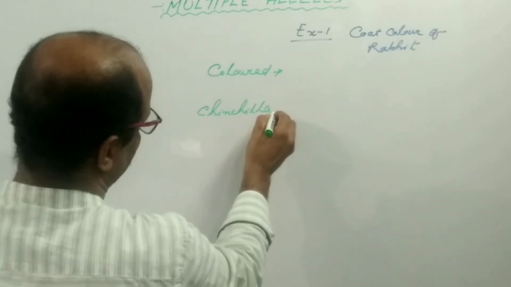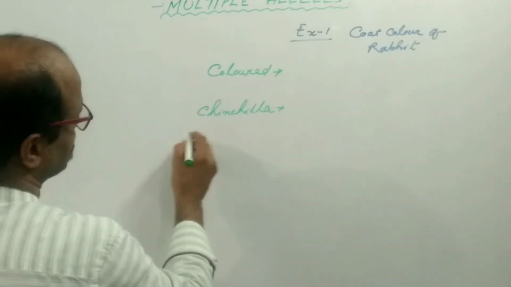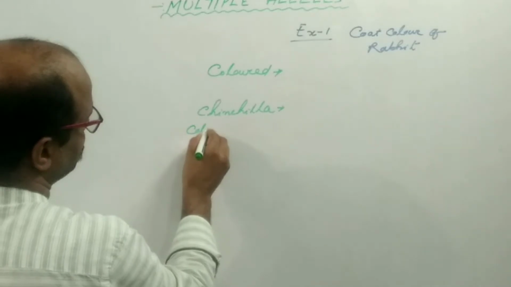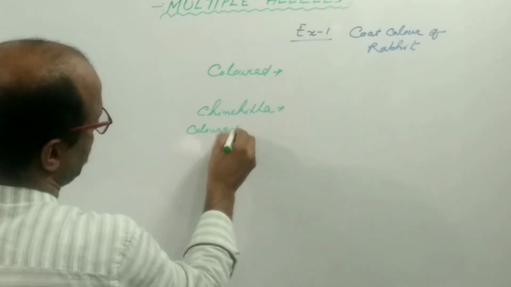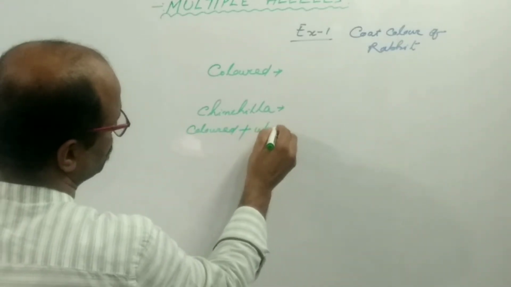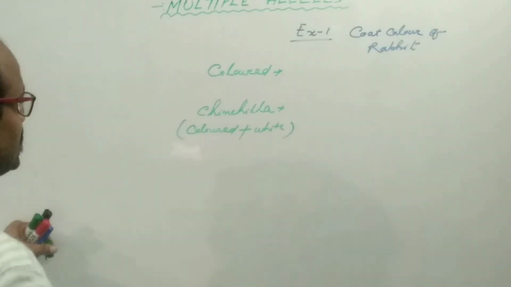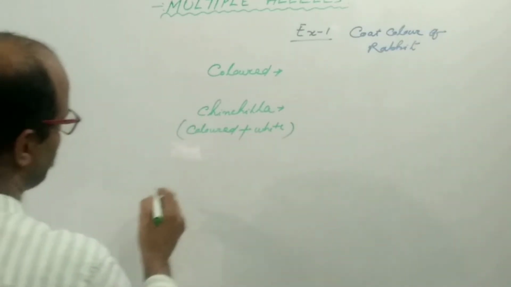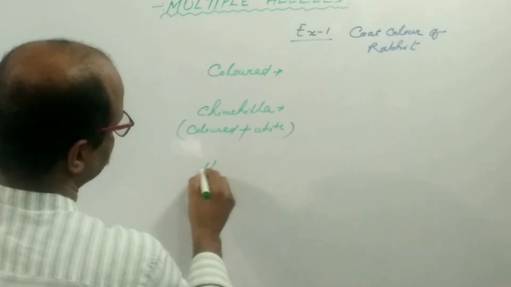This is one other variety where you find the mixing of colored and white, which is known as chinchilla color, and another is the Himalayan color.